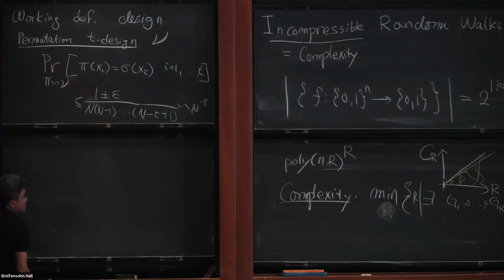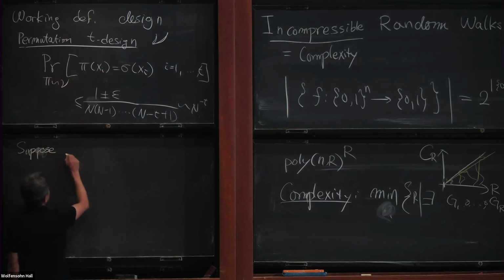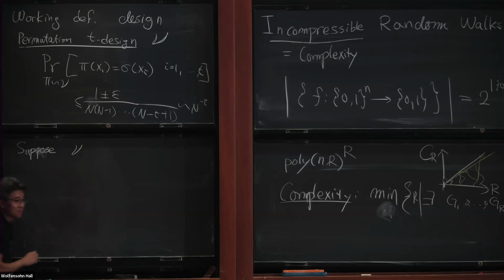And using this, suppose my distribution is a unitary permutation t design. Then can I say something about the complexity? Now, it is again a probabilistic counting argument.